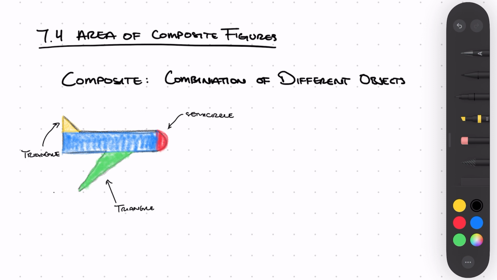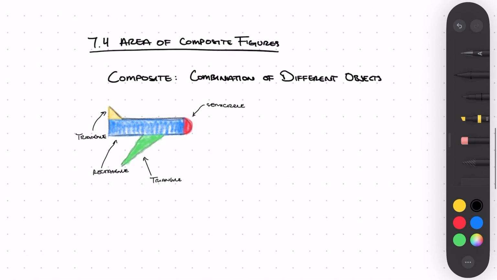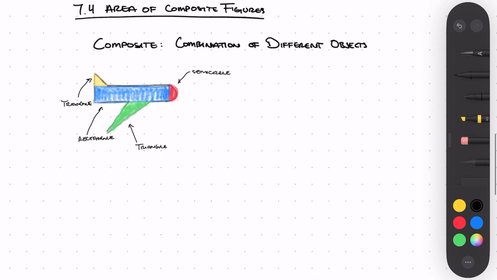And the body here would be a rectangle. So then how do I find these different sections? I'll need to add them together. So this is an example of a composite figure, and this is an example of how you would visually separate the pieces so that you can draw something that is clearer.